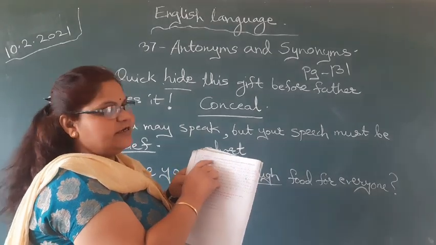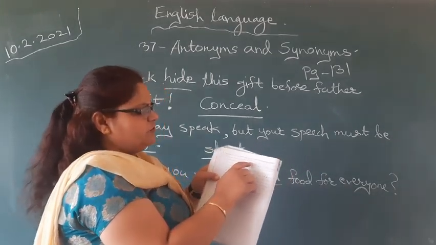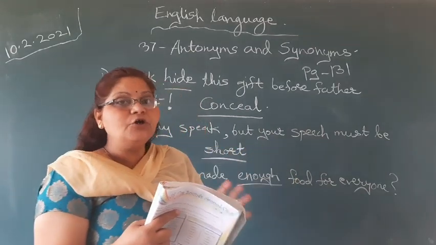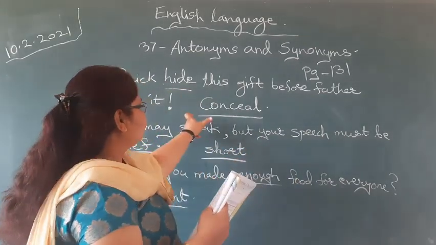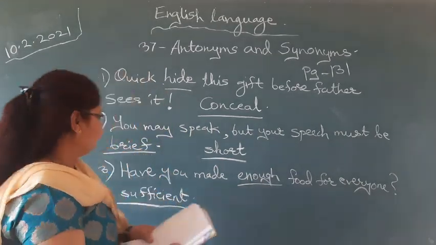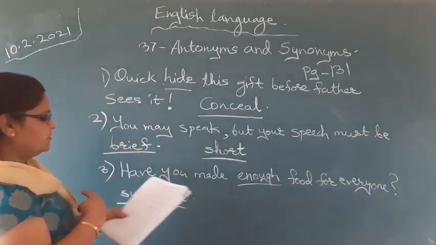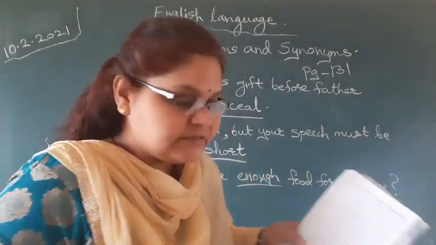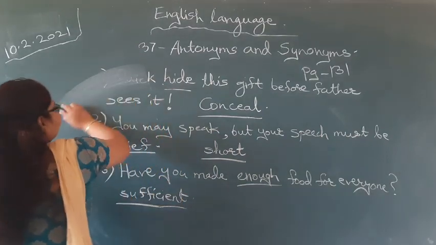Instead of that, you have to write conceal. This give before father sees it. Okay? In this way, you have to write in your notebooks. But in the textbook, just put the answers at the end. Similar words. Okay? It is up to number 3. Now, continuing with sentence number 4.